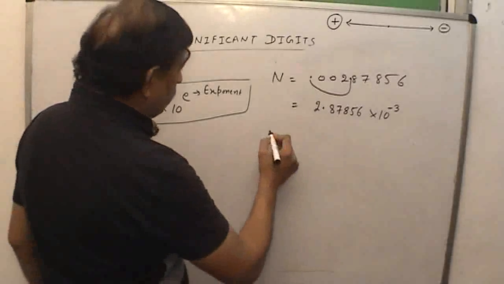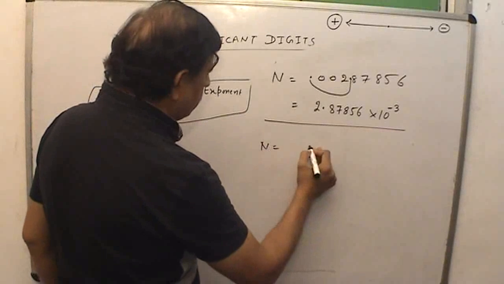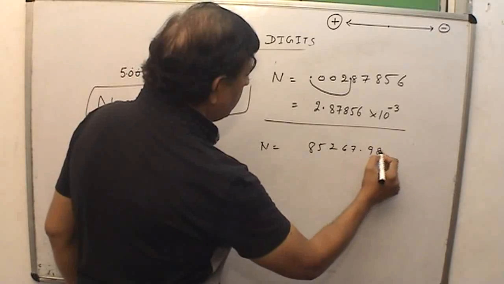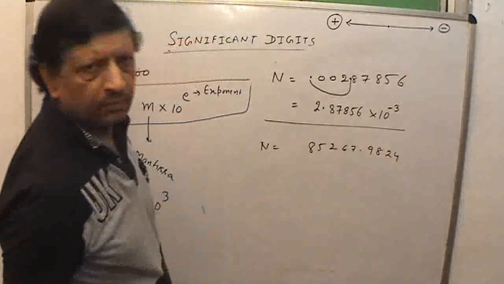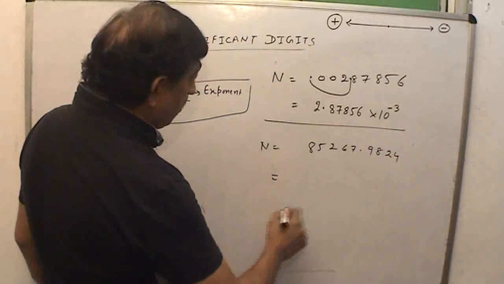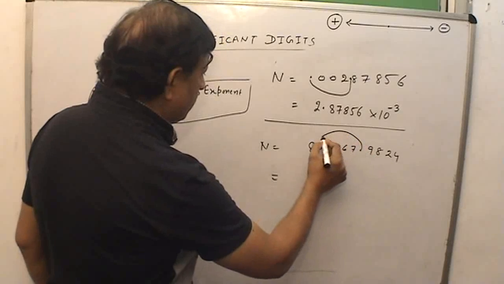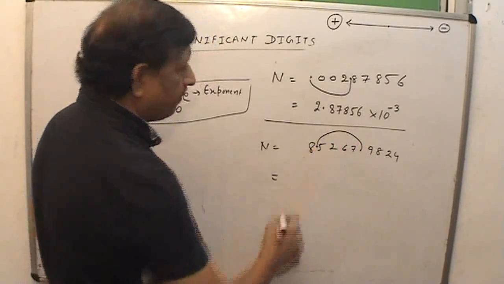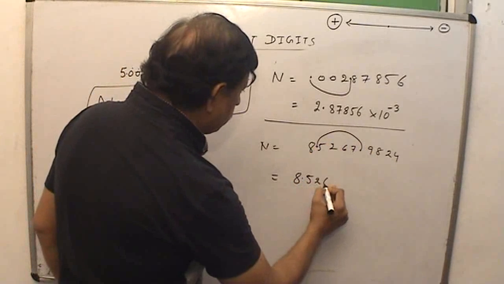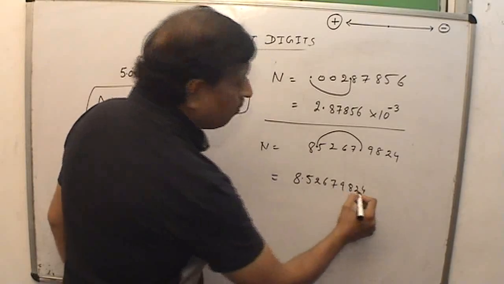So again we consider some other examples. Say n is equal to 8526.79824. We represent it in the normal form: here is the decimal, and we replace it here, giving 8.52679824.